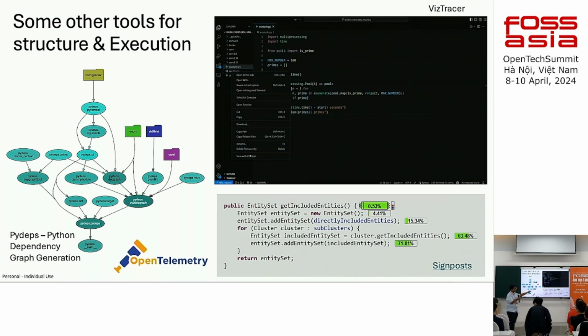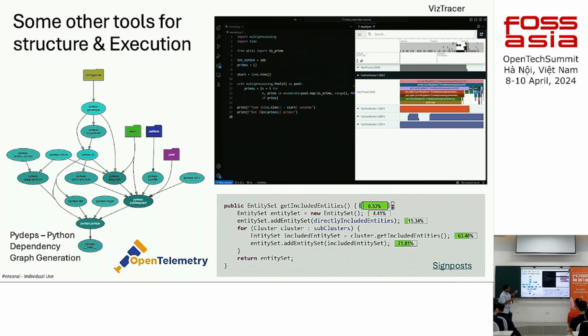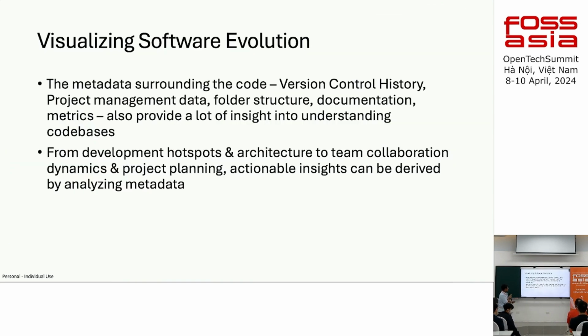Now, again, this did not actually materialize into a usable open source product, but researchers are always working on these kinds of things. When we come to evolution, as I mentioned earlier, we have all this metadata that is around the code. It's actually very interesting that when you think about it, it's not just the code, but your version control history and your project management data, your metrics.